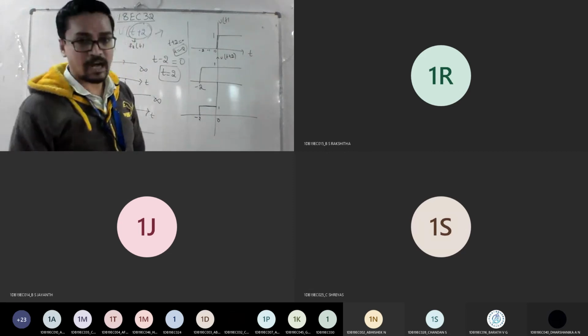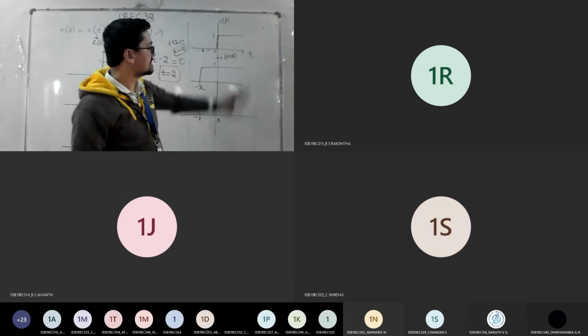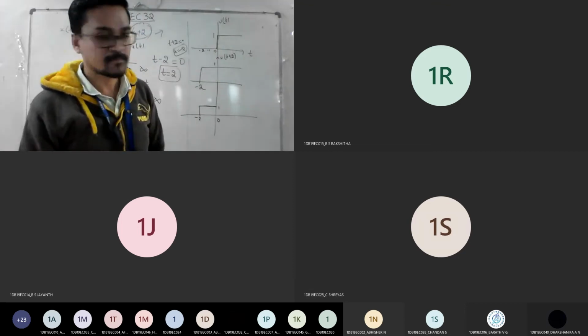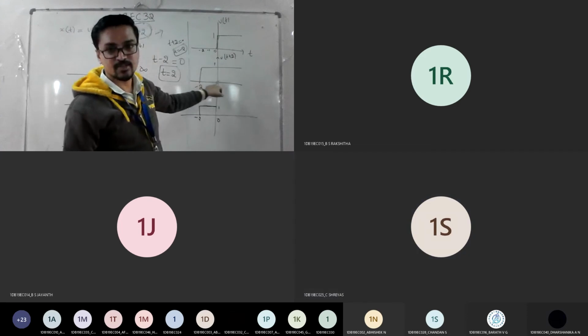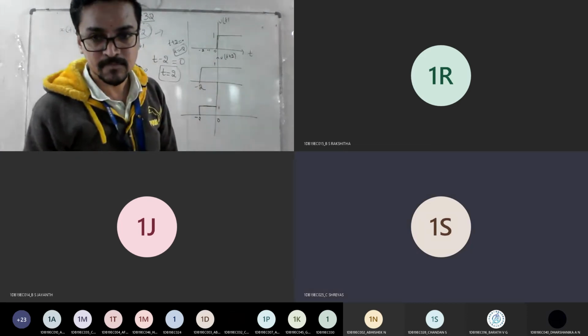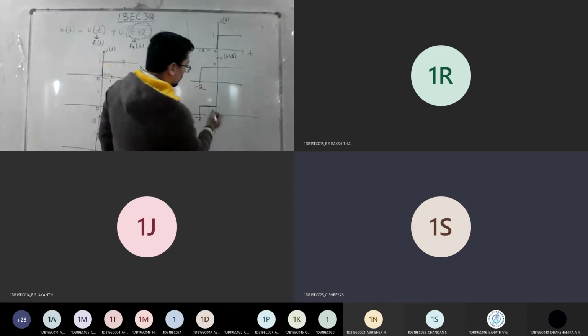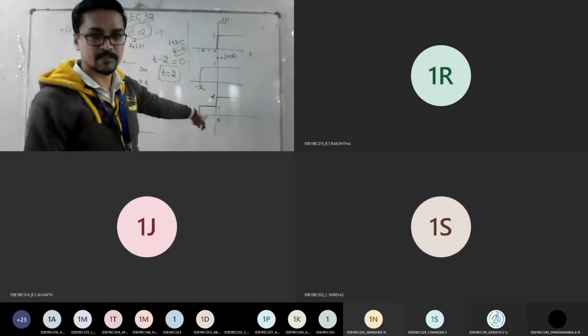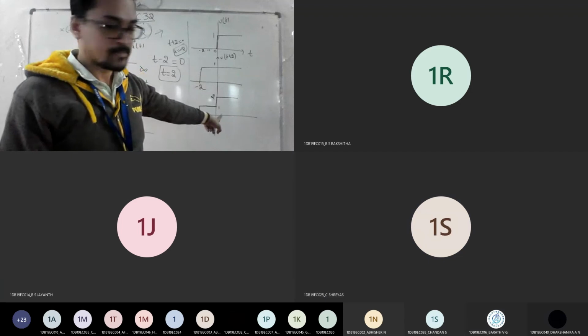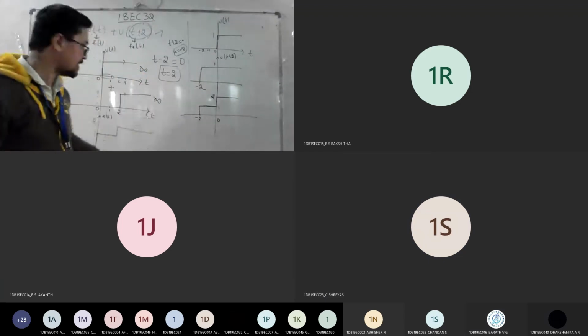So now tell me, after this, from 0 to 1 does the signal exist? Yes. Here also it exists. So 1 plus 1. So it means the signal starts from 2 and goes like this. Is it how it looks? Yes, sir. So you can compare both. Look here.